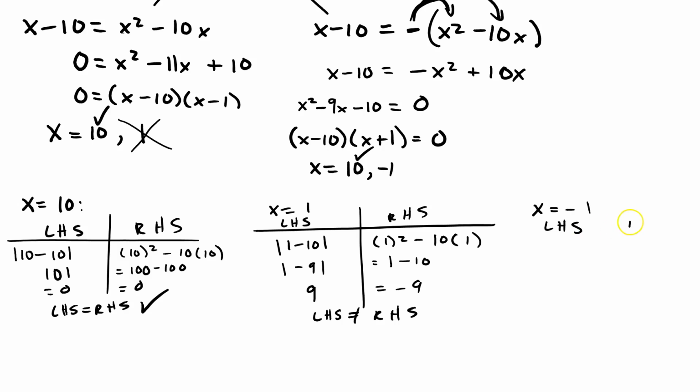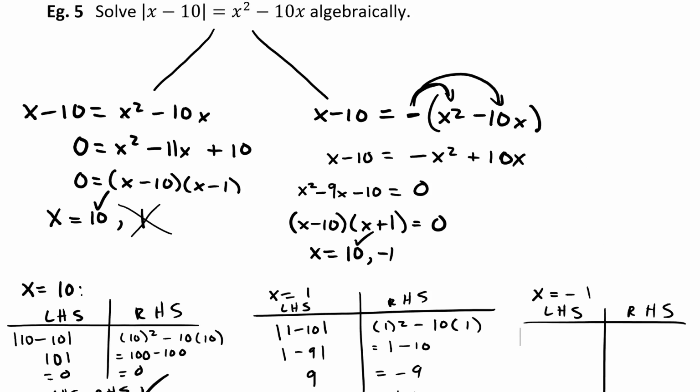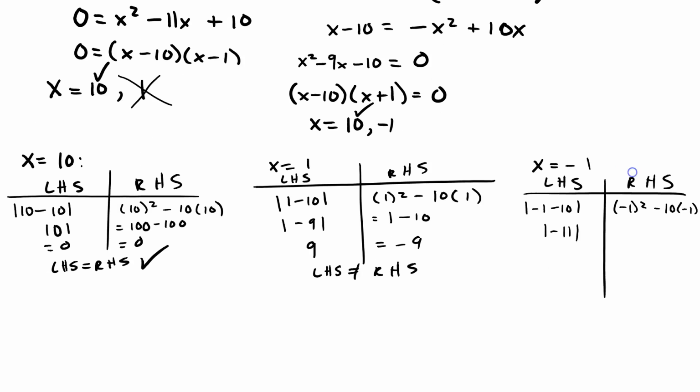X equals negative 1. Left hand side, right hand side. So then we have the absolute value of negative 1 minus 10. And then on the right hand side we have negative 1 squared minus 10 times negative 1. Negative 1 minus 10 is going to be the absolute value of negative 11, which is positive 11.